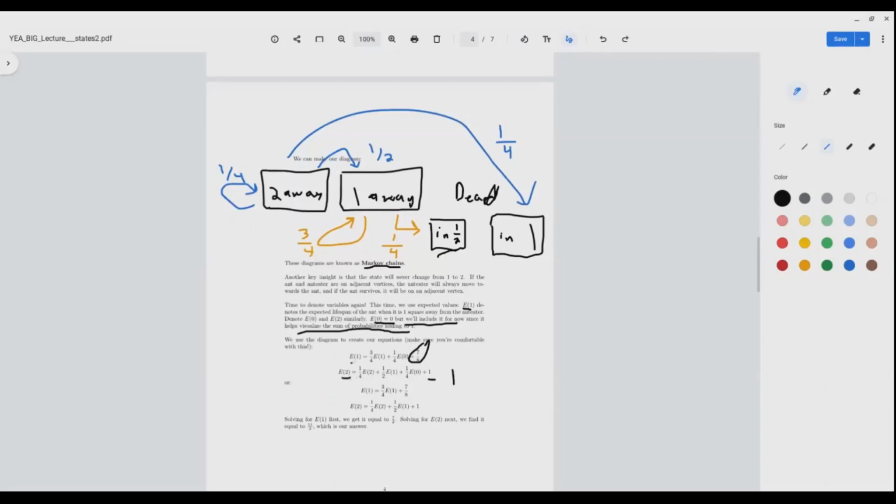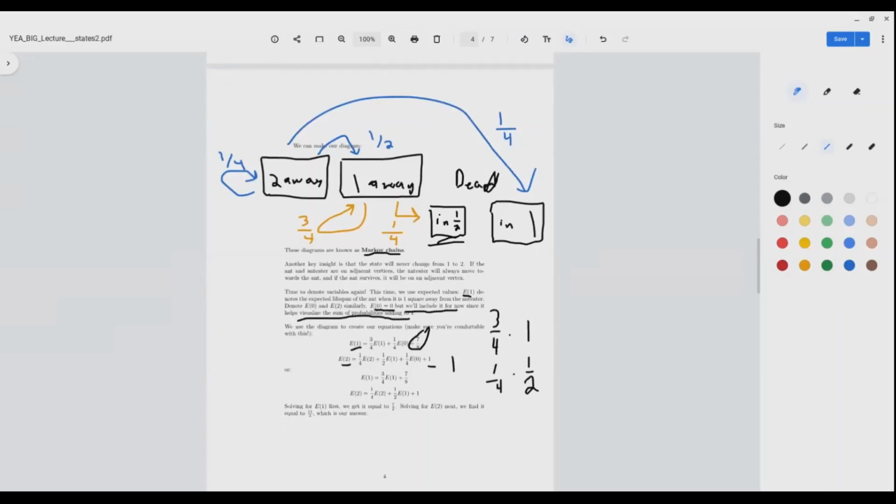Whereas in the E1, there's a 1/4 chance that 1 second doesn't pass because it dies in 1/2 instead of 1 second. So there's a 3/4 chance times 1 that 1 second passes, which means if it survives, then 1 second passes. Then there's a 1/4 chance that 1/2 second passes. And it's 1/2 seconds because it's dead in 1/2, and the state changes after 1/2 seconds.